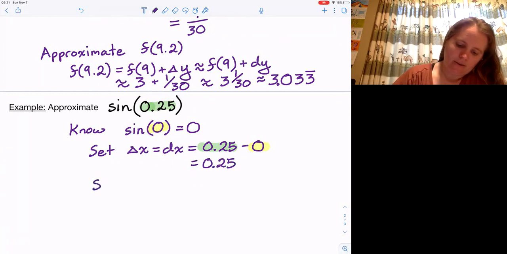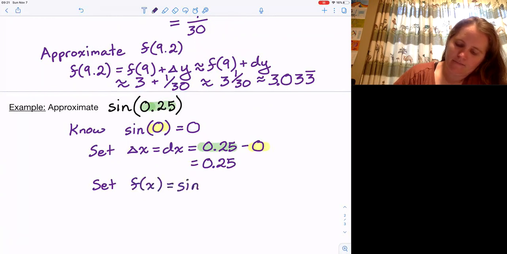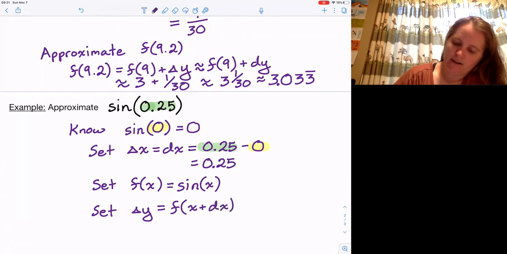Again, before we set change in y, let's set f of x to be sine of x. And then we'll set change in y to be f of x plus change in x, or x plus dx, minus f of x.